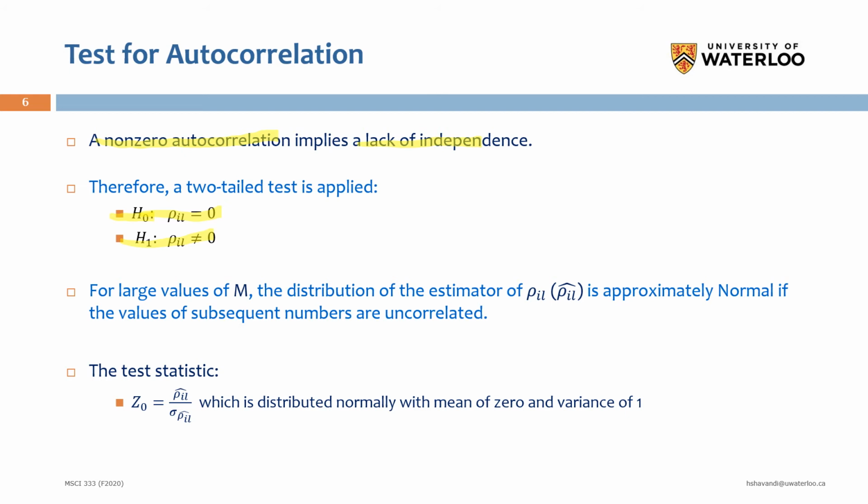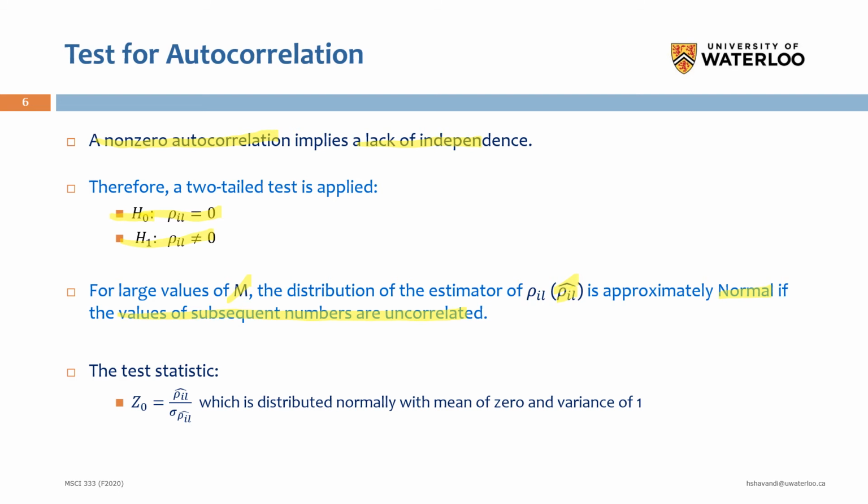So for large values of m, if we have a large sample of random numbers, then m will be large as well, right? And then the estimator of rho iL, which we call rho hat iL, is approximately normal if the subsequent numbers are uncorrelated, right? So it will be based on a normal distribution if the subsequent numbers are uncorrelated.